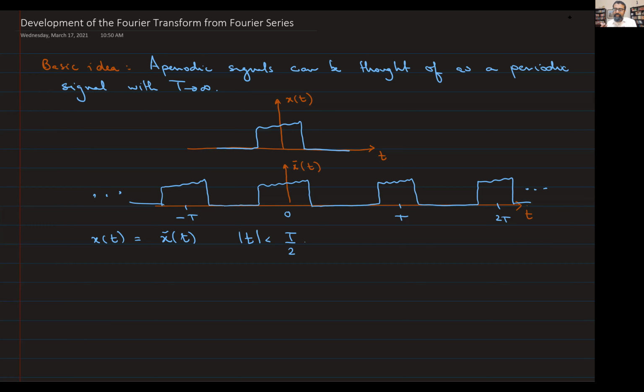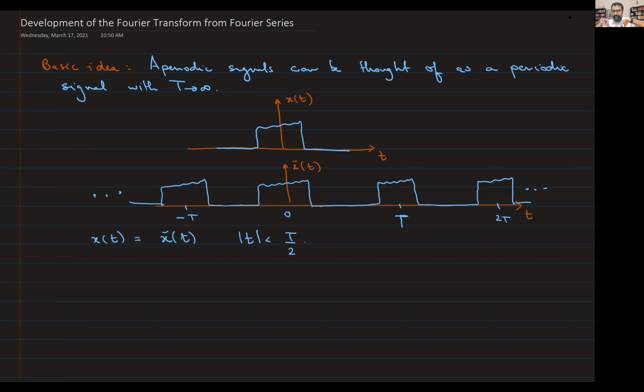And how are x of t and x tilde of t related? Can I say that for some value of capital T, x tilde of t is going to approach x of t? What do you think? What is that relationship between x of t and x tilde of t? T going to infinity, excellent, right?